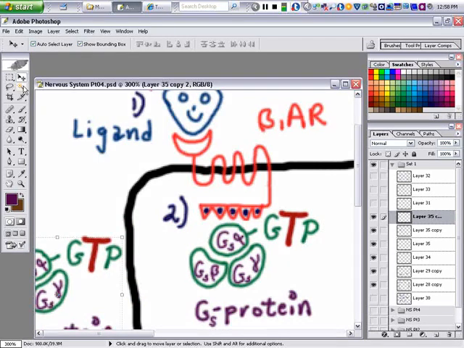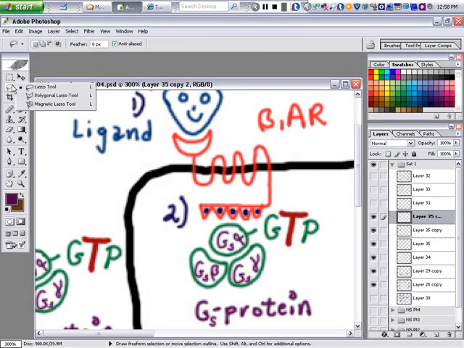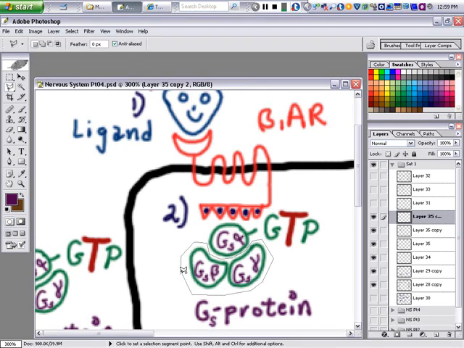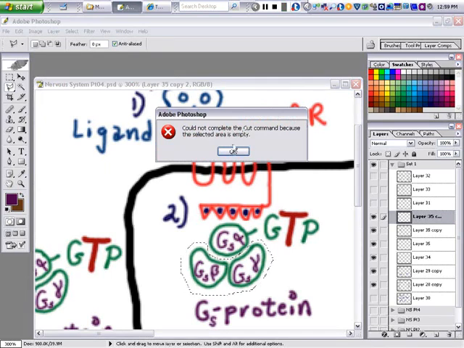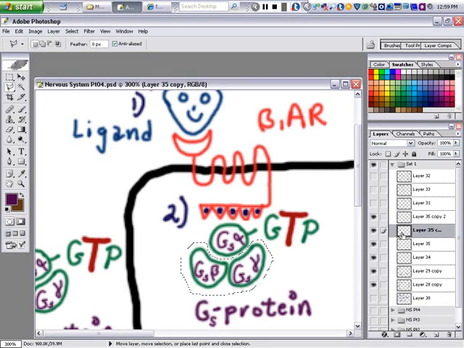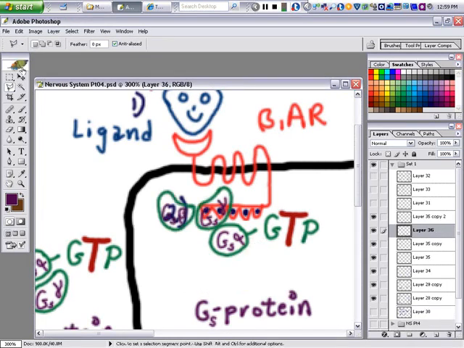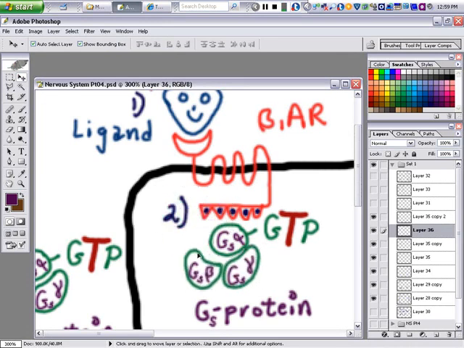You all can't do this on paper, unfortunately. G stimulatory alpha is going to separate itself from the beta and gamma.